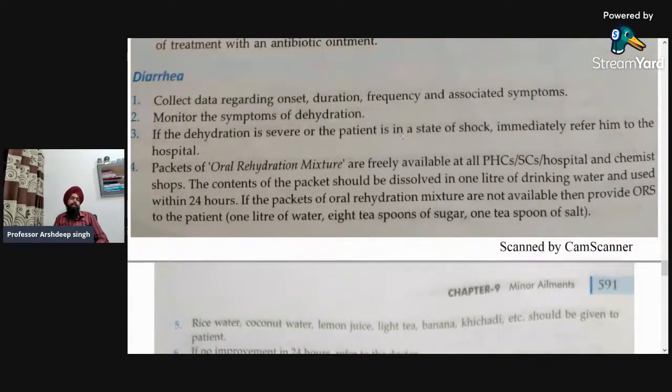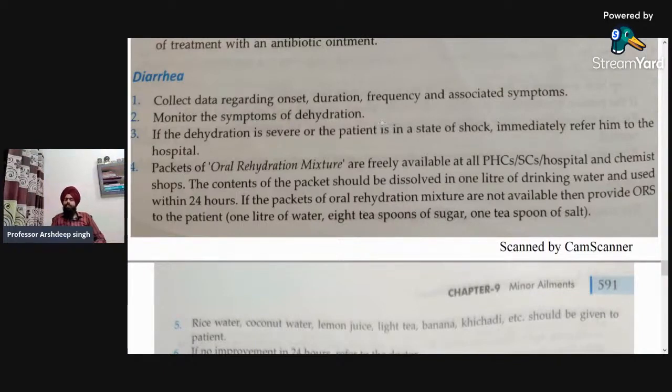The temperature in this summer is very high, so excessive heat is present in our environment and it might affect our body, and we can have diarrhea. To manage that condition, we should be using ORS. That would be very beneficial for our body.